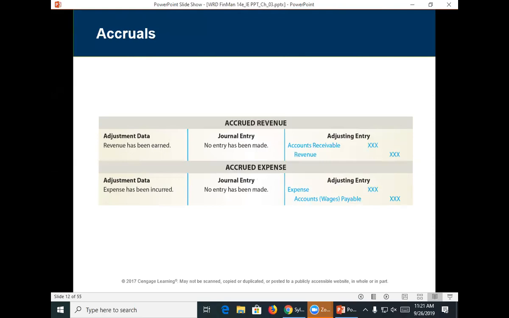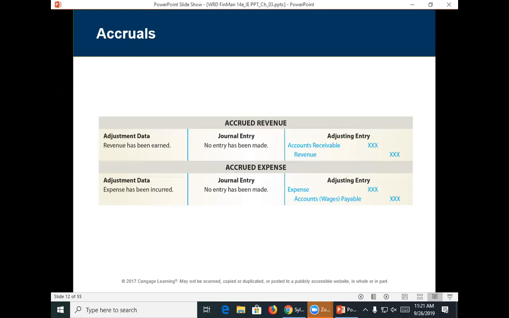For accrued expense, again, an expense has been incurred and we haven't recognized it yet. So we debit an expense account and credit a payable account, a liability. Again, with accrued revenues, it's always going to be a credit to some revenue account. With accrued expense, you're debiting some expense account. The rules of debit and credit are still the same.